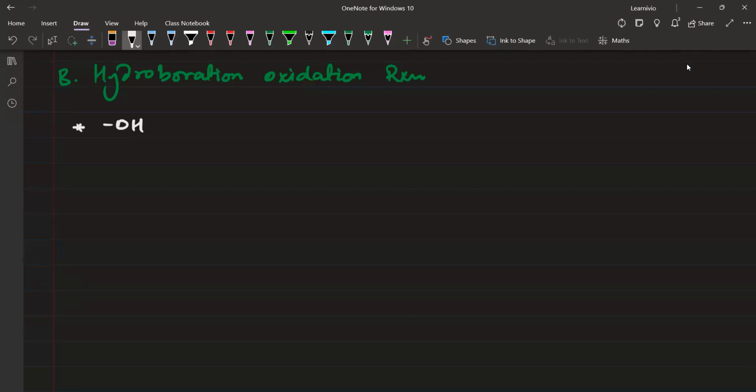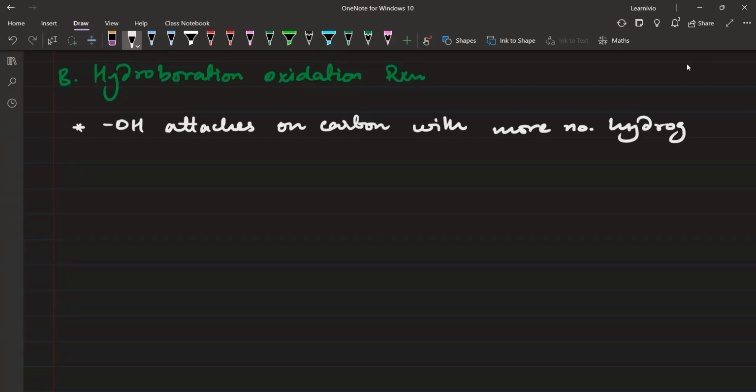OH attaches on carbon with more number of hydrogens. Basically that is anti-Markovnikov addition. Anti-Markovnikov.